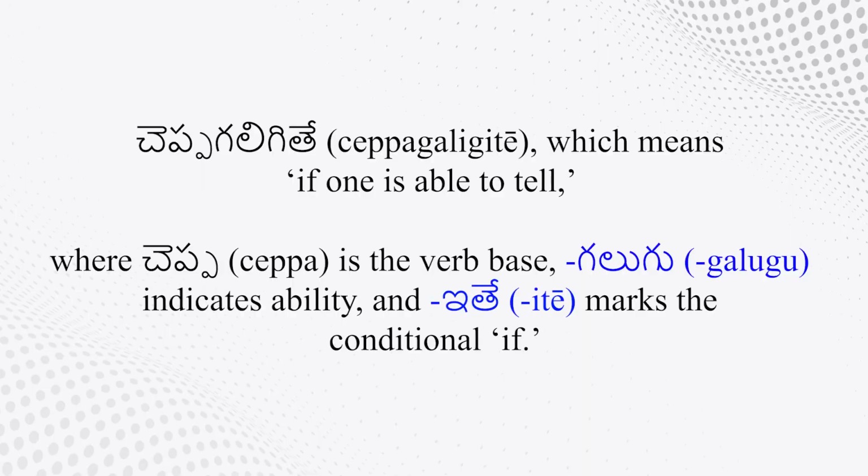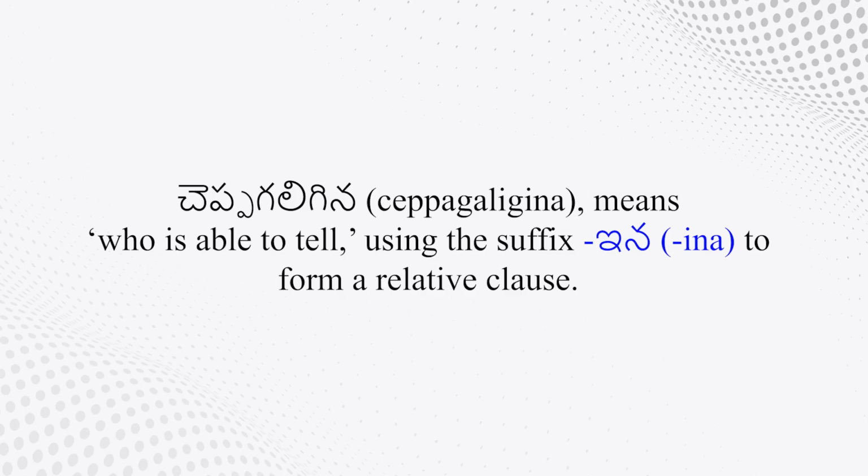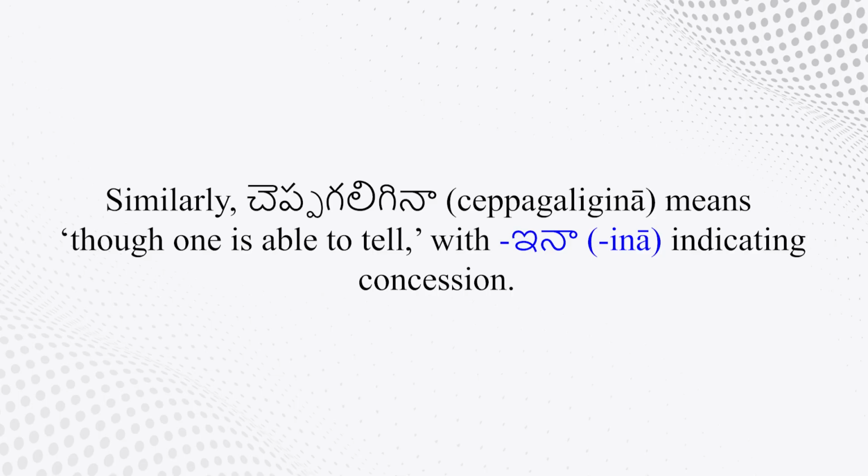For positive conditional forms, examples include చెప్పగలిగితే, which means if one is able to tell, where చెప్ప is the verb base, galugu indicates ability, and ite marks the conditional if. Another positive form, చెప్పగలిగిన, means who is able to tell, using the suffix ina to form a relative clause. Similarly, చెప్పగలిగిన means though one is able to tell, with ina indicating concession.